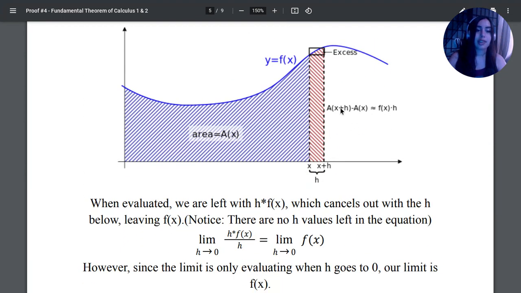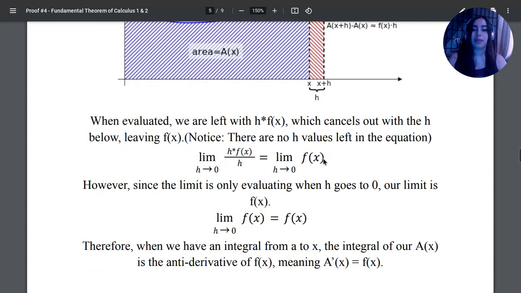And since I previously stated, A of x plus h minus A of x is equal to approximately f of x times h, because our h is right here, as you can tell, because obviously from x to x plus h, the difference in this length is h.